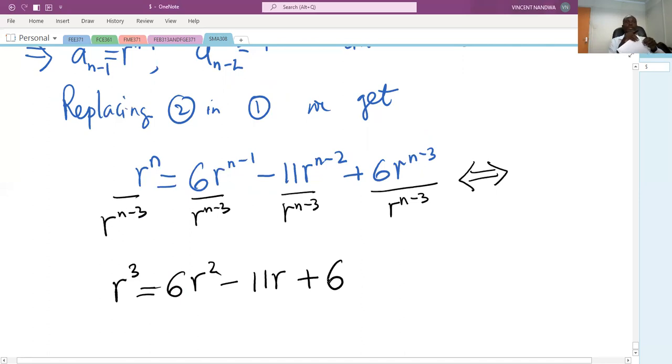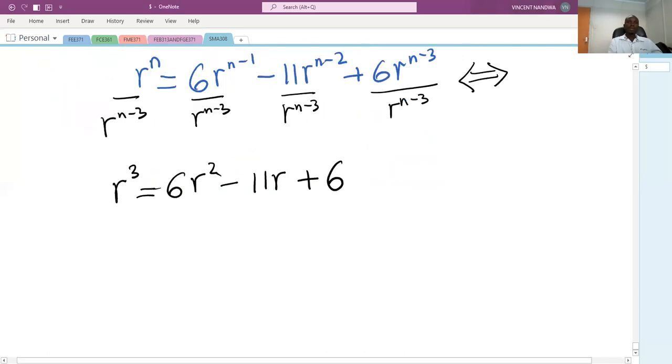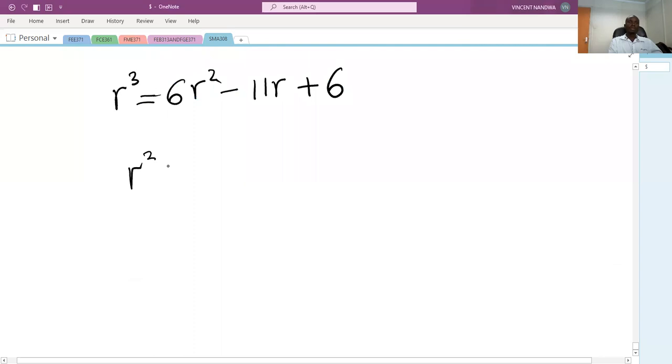And then we take all the terms to the left hand side. So we'll have r cubed minus 6r squared plus 11r minus 6 equals 0. So this is what we call the characteristic equation.